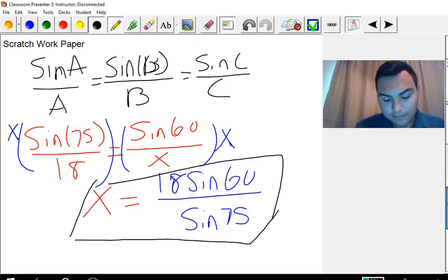Now, the way I wrote the law of sines was probably the worst way to write it.